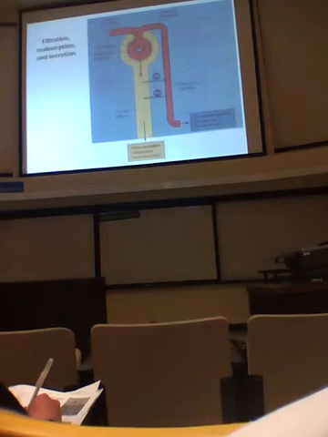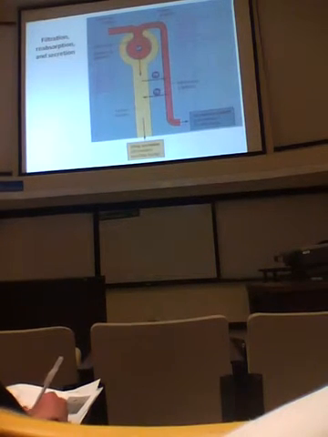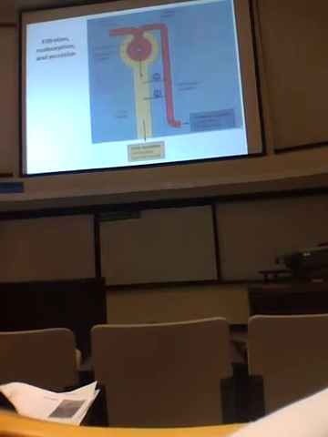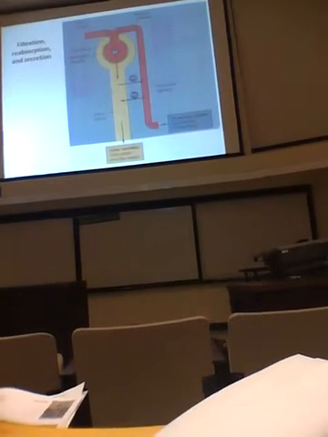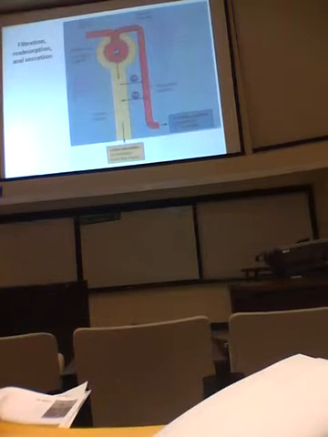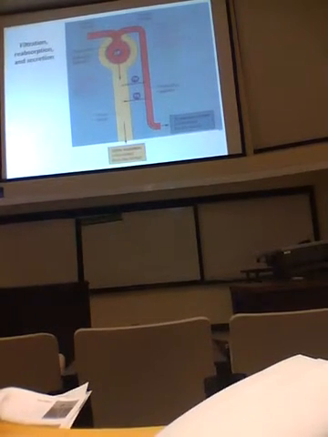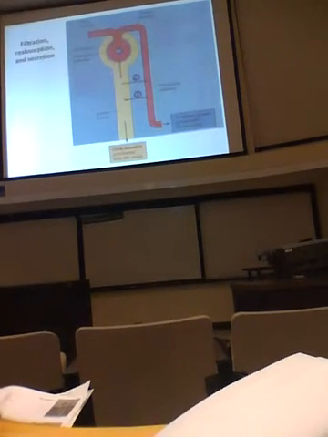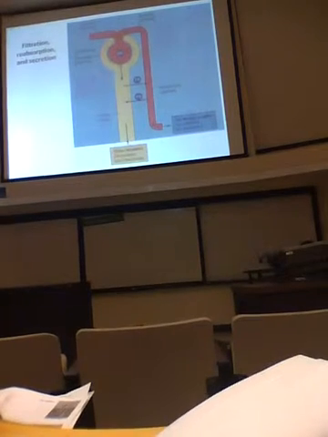Now, the other way in which filtration is not perfect is that it doesn't actually get rid of everything you want to get rid of. So some stuff goes through the glomerular capillaries and back out the efferent arteriole, and you'd rather not have it in the blood. You really wanted to get rid of that, but it didn't happen. So if that happens, you get a second chance at that too.